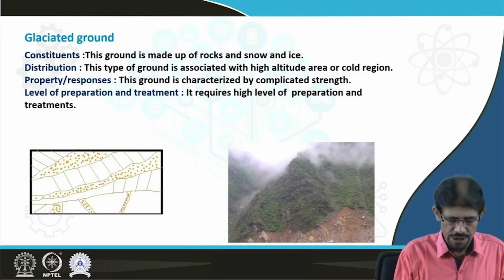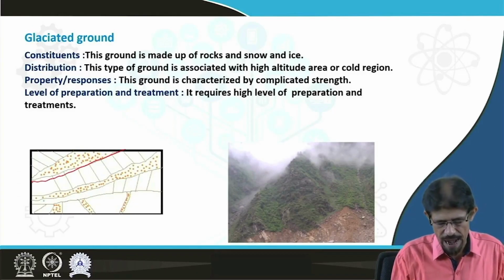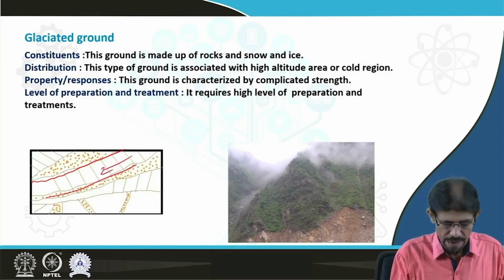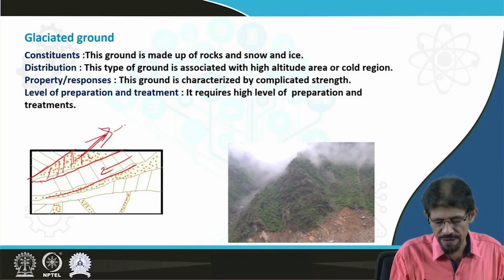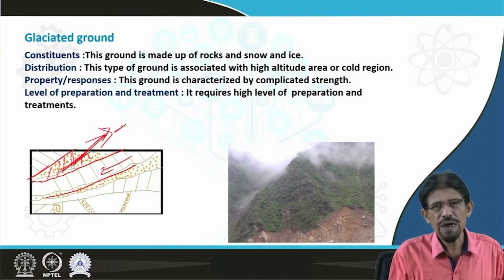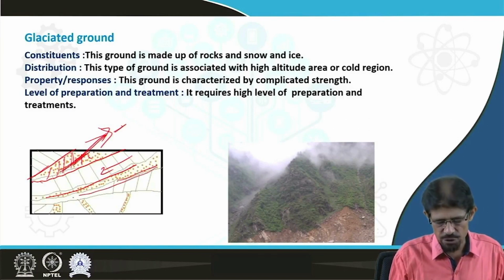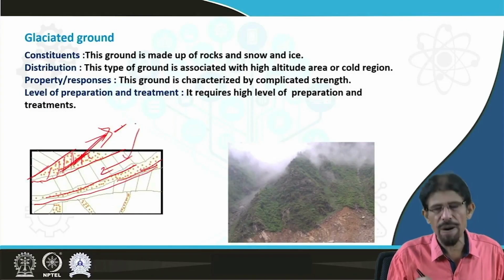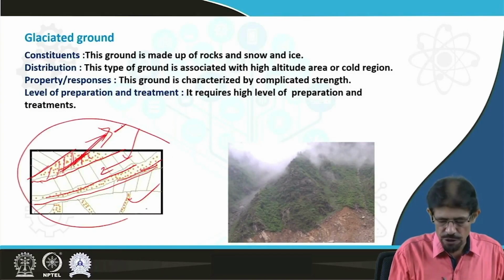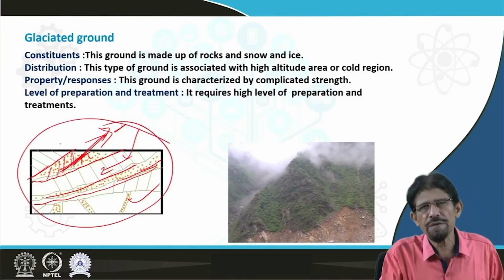Here we can see that the rock strata or debris material is bounded by some snow and ice. So the behavior, mechanical response, strength and hardness of the glacier or snow part is different, the rock part is different and the derived material is different. Therefore, this type of ground is very peculiar.